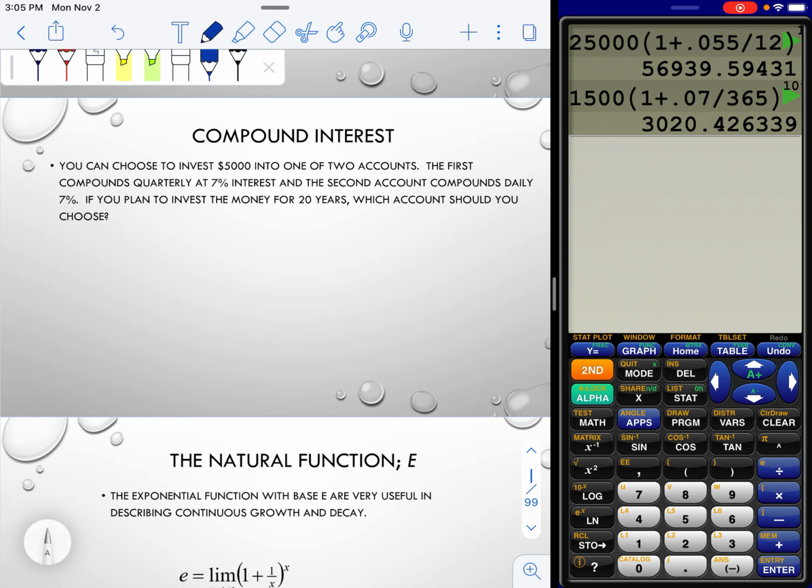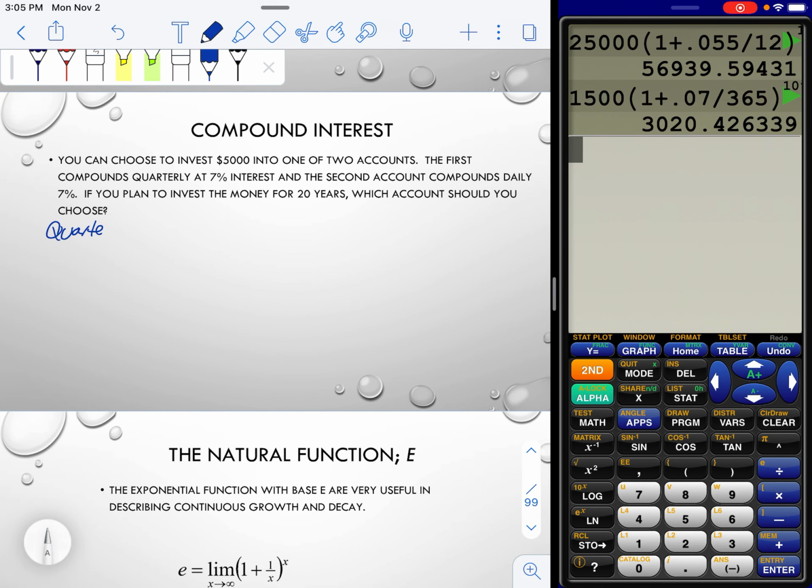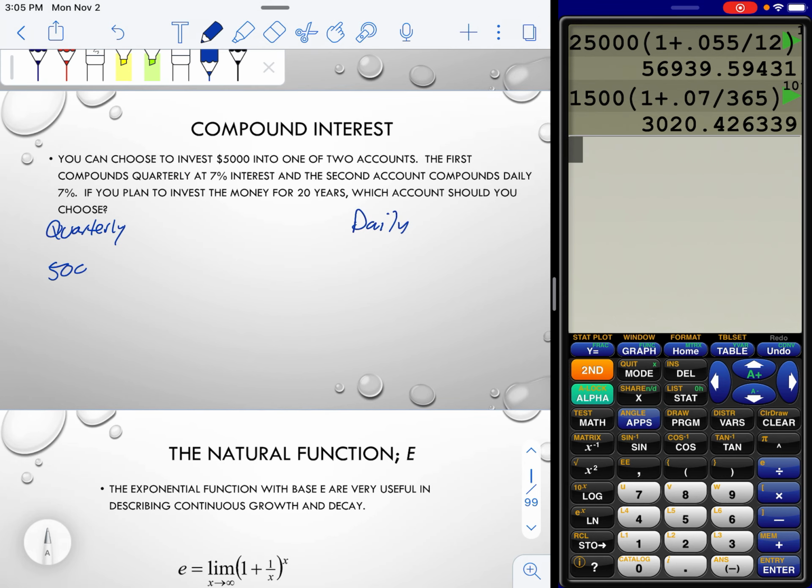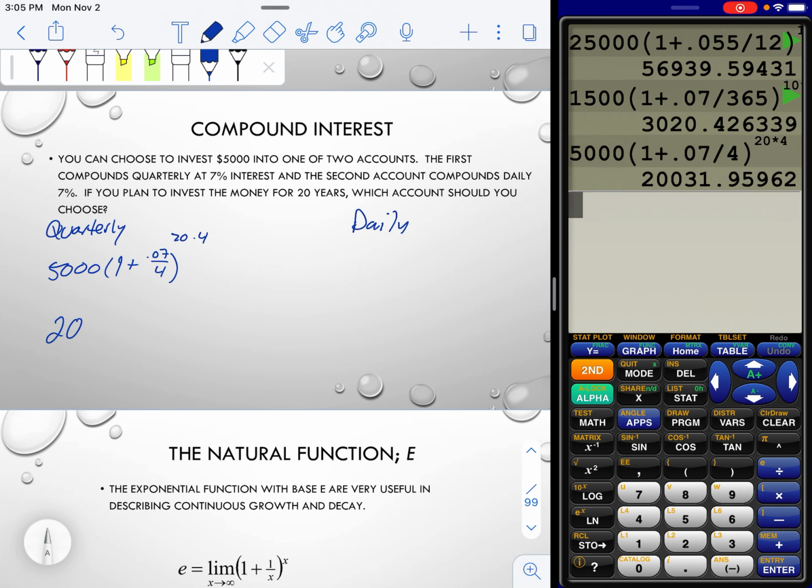Now, let's actually crunch the numbers just to see a comparison of the two. We have $5,000, so this will be the quarterly one, and we'll do the daily one over here. $5,000 times 1 plus 0.07 over 4, and that's 20 years times 4 times a year, so quarterly. So we got $20,031.96.